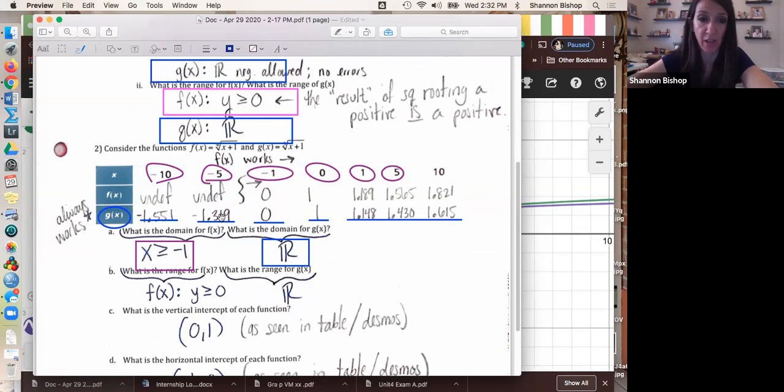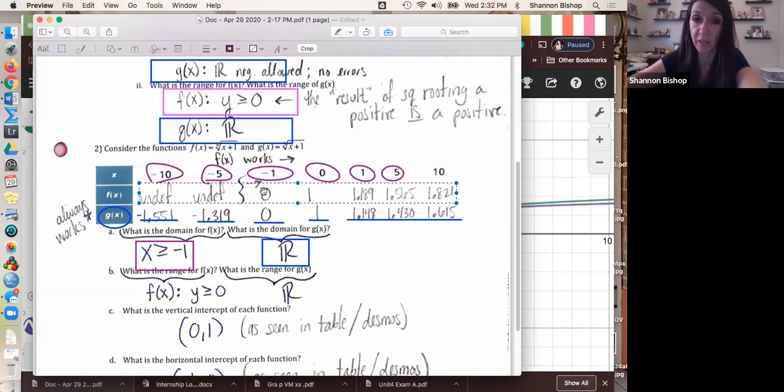So now let's look at the answers, the outputs. Remember, the range means output. So if you look at the outputs on your first function, here's all your outputs. Did you have any negative outputs? No. Did you have positive outputs? Yes.